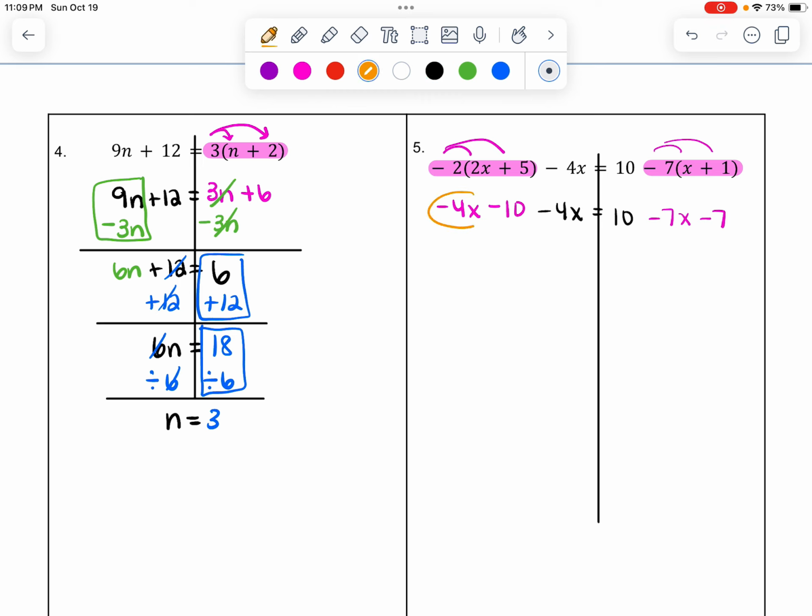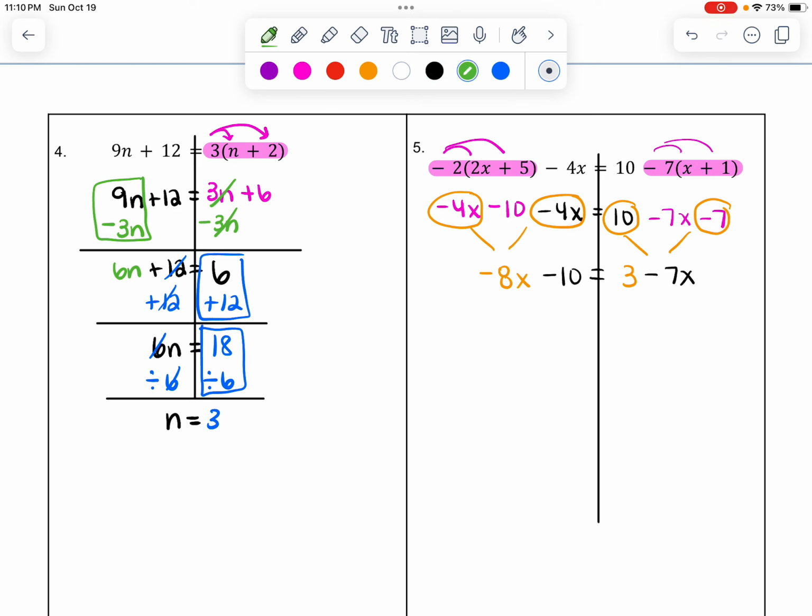On the left side, I can combine the negative 4x and another negative 4x, which means I get negative 8x. And then I copy down the minus 10. And on the right side, I can combine the 10 minus the 7, which together makes 3, and I can copy down the negative 7x.